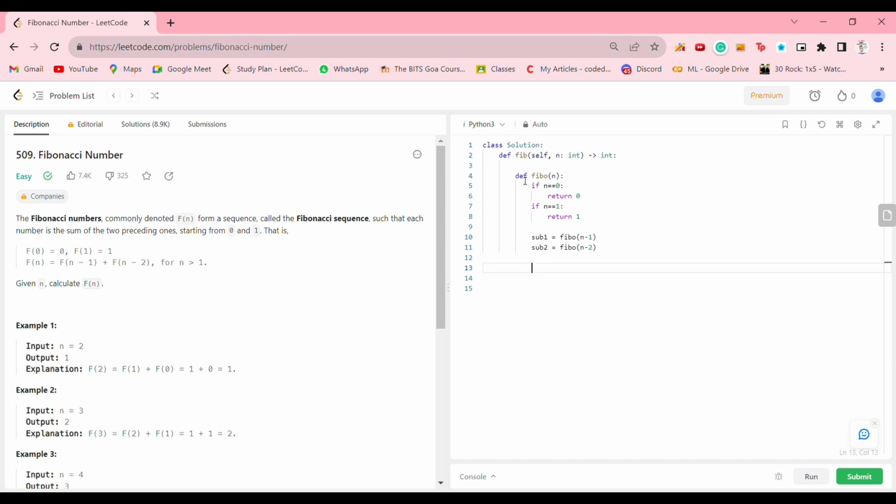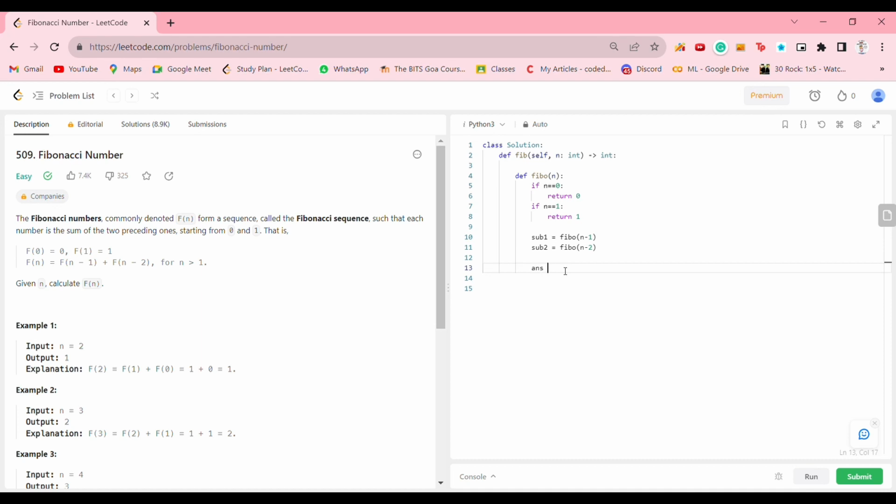So these function calls fibo n minus 1 and fibo n minus 2 will return the answers for the n minus 1th and n minus 2th Fibonacci numbers, and we'll store them in sub 1 and sub 2 respectively. After that, we need a way to combine the solutions to the sub problems to get the solution for our original problem.